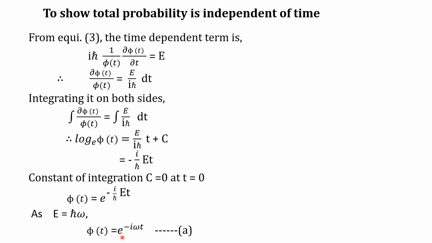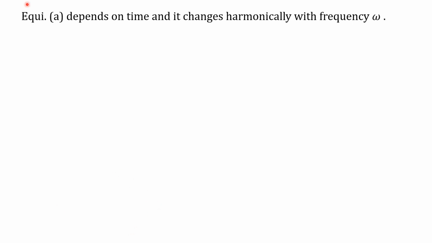Using that term, we simplify equation A, which depends on time and changes harmonically with frequency omega, as uppercase psi of x,t is equal to lowercase psi of x into phi of t, separating x and t since both are independent.